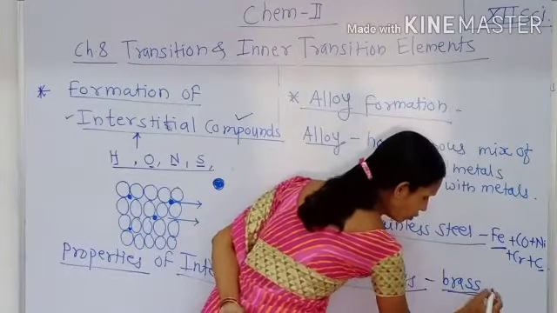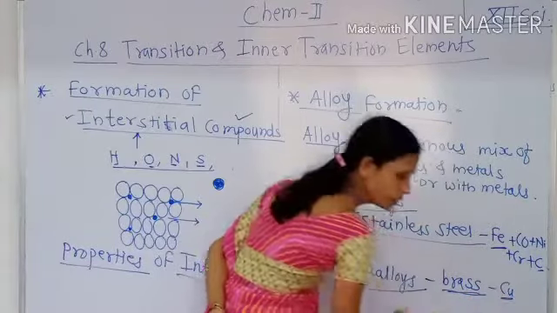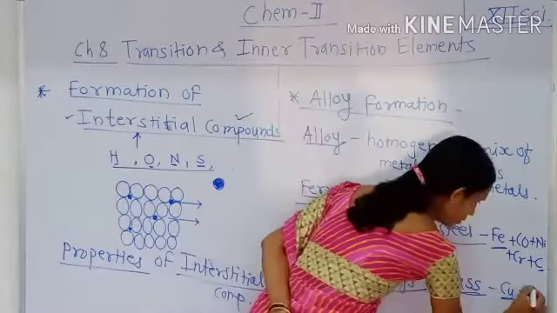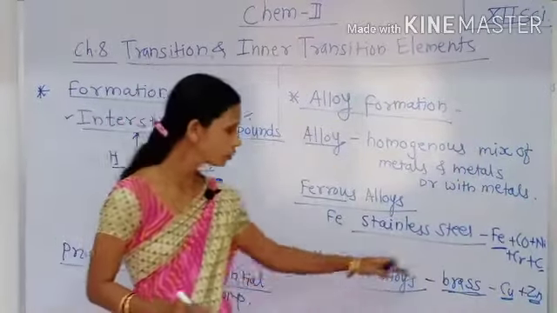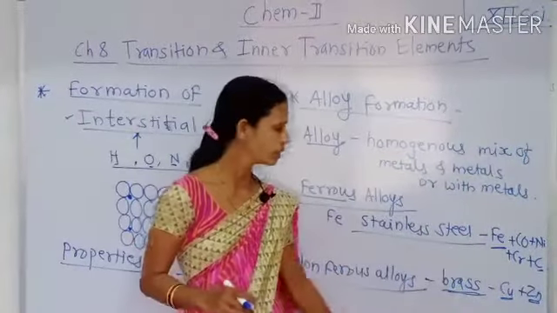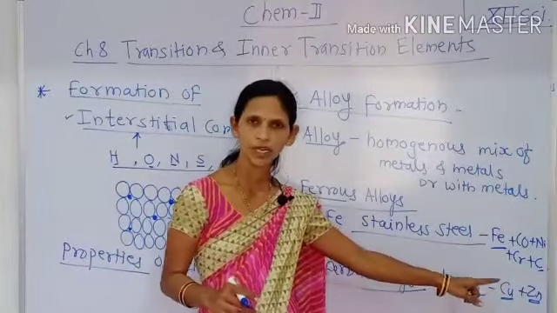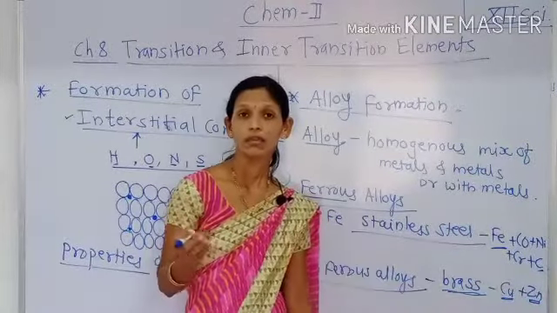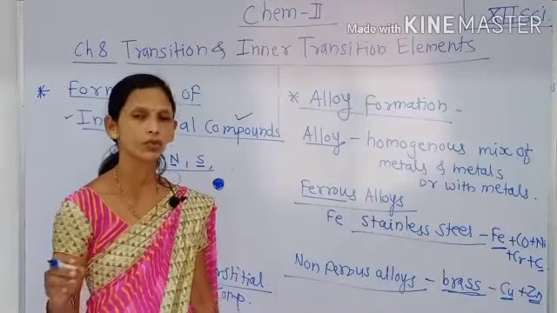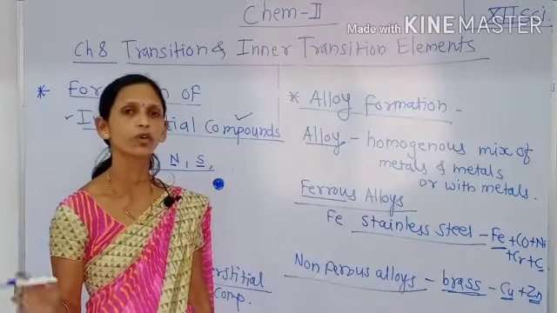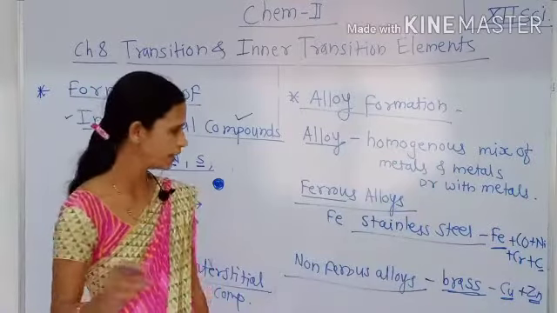Brass is an alloy of copper, a transition element, and zinc. Zinc is also a transition element, but iron is not used in brass. Brass is used in utensils, and also in coins and statues, etc.